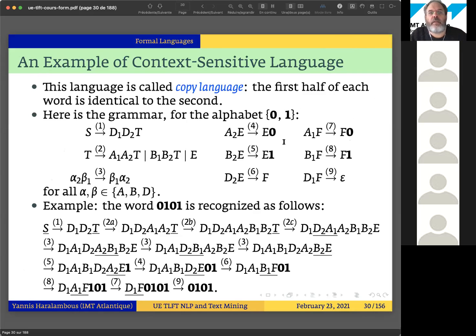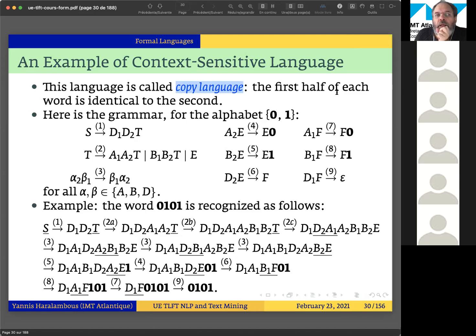Here is a slide giving just one example of a context-sensitive language. So this is one step of complexity higher than context-free languages. And this is a language which is quite easy to describe to a human.